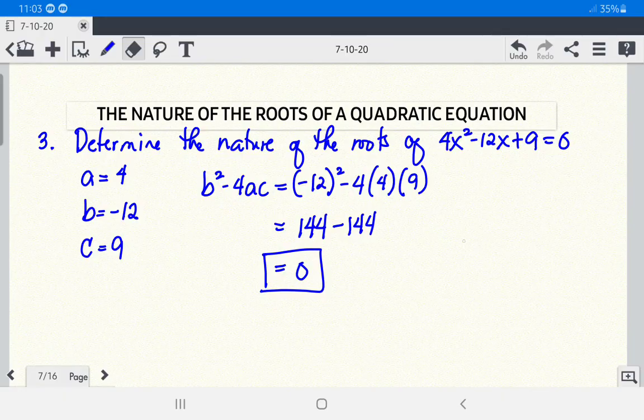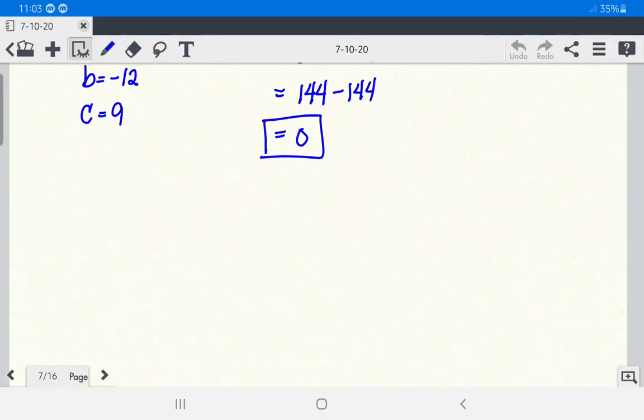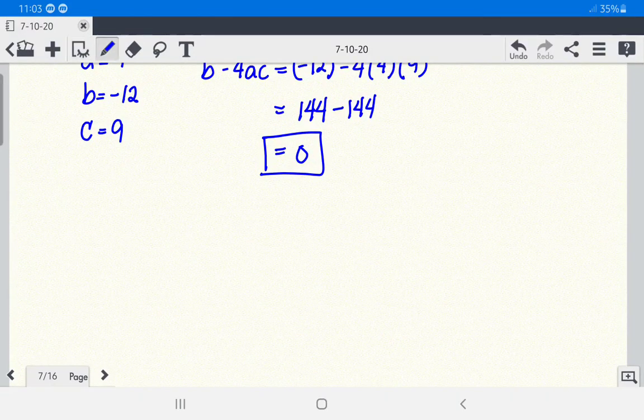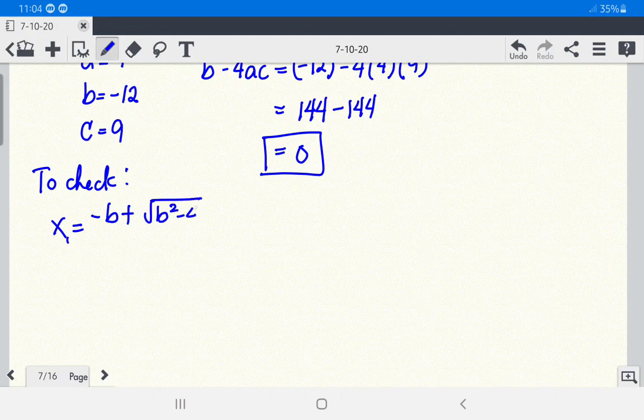Okay, so let's check. To check, x1 is equal to negative b plus the square root of b squared minus 4ac, over 2a. So we have b is negative 12, so negative of negative 12.